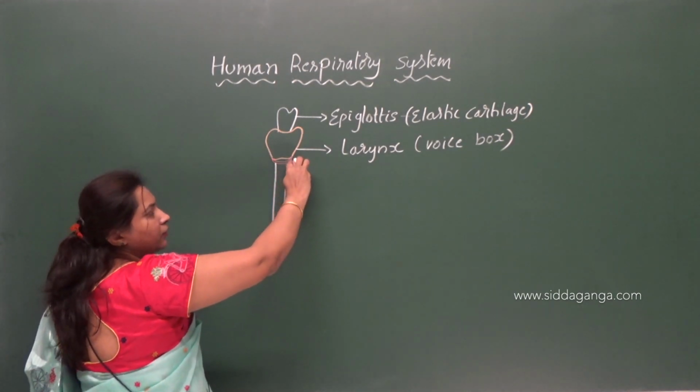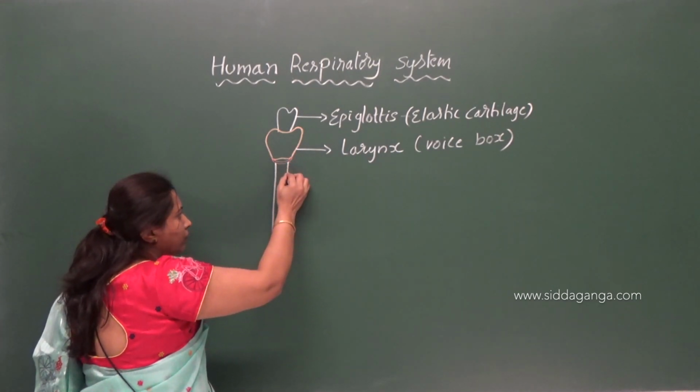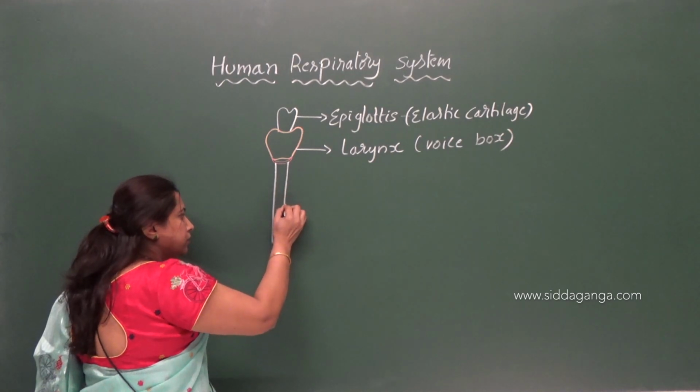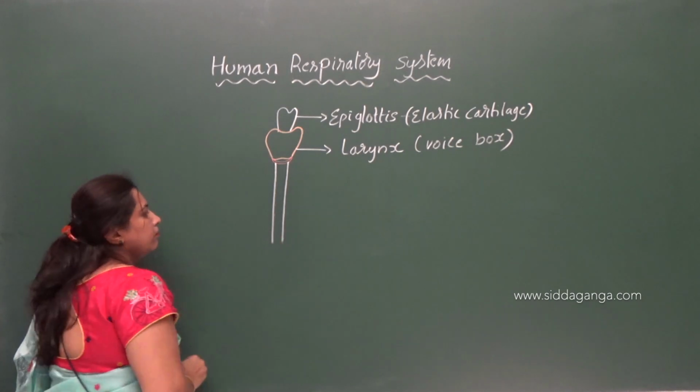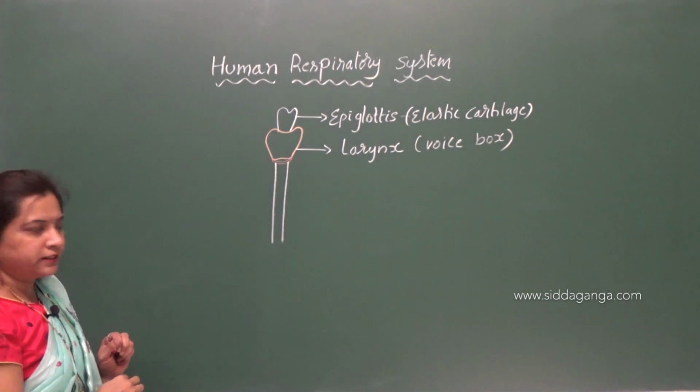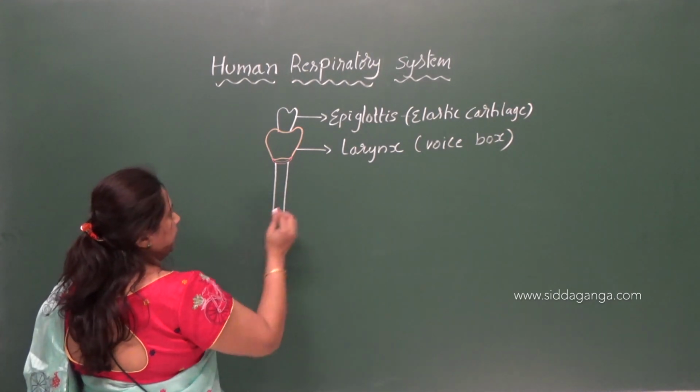So this trachea starts from the larynx region, runs down and enters the thoracic cavity, and it runs up to the middle of the thoracic cavity. So this straight tube is called what? Trachea.